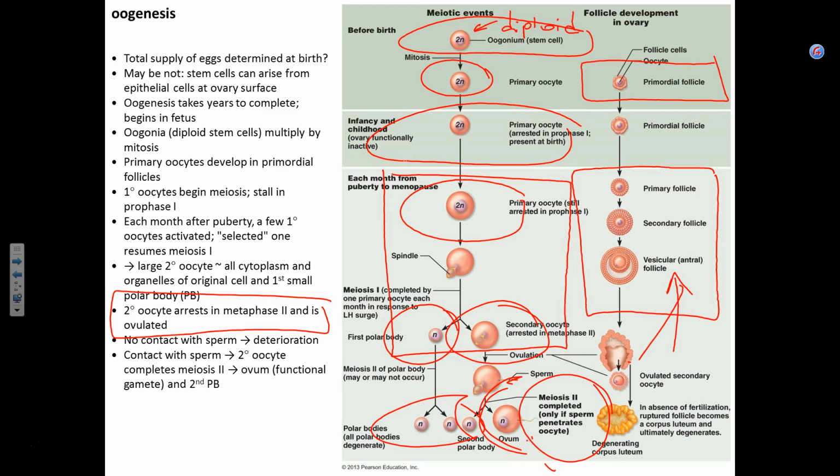Now, let me ask you a couple of questions. First of all, a general question about the meiosis. Meiosis starts with the diploid cell. We clear? Now, how many cells are produced as the result of meiosis in general?